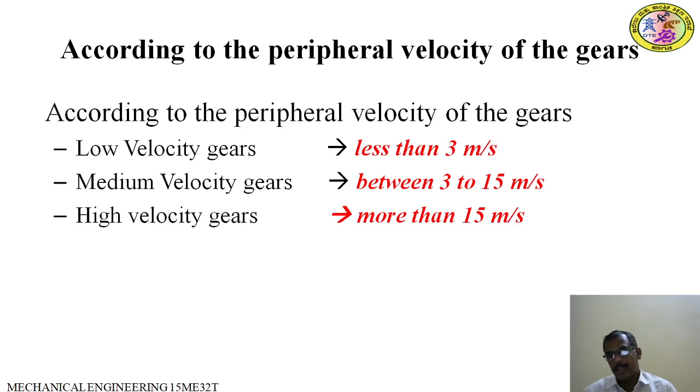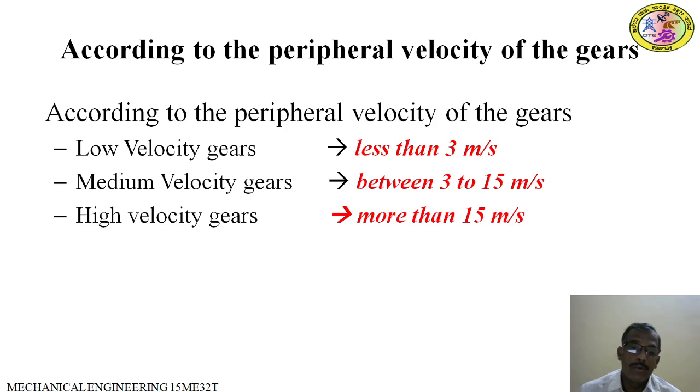Till now we have seen the classification of gears according to the axis of rotation of the shaft. Now we will see the second important category, that is, classification according to the peripheral velocity of the gears.